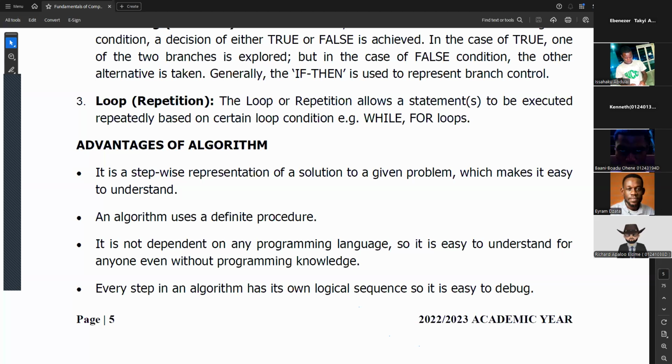On Francis's question, it means you've still not understood what we are talking about. Basically, before you start writing your program, someone will say, I'm programming, I'm writing code to solve a problem. Before you start doing that, the first thing you need to do is understand what an algorithm is.